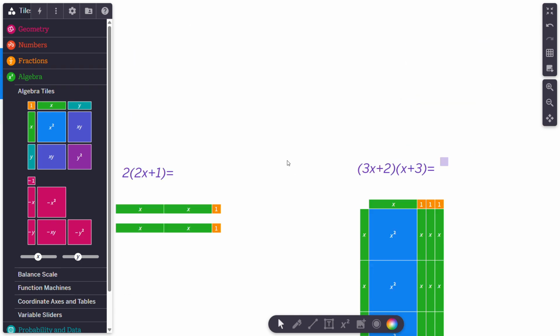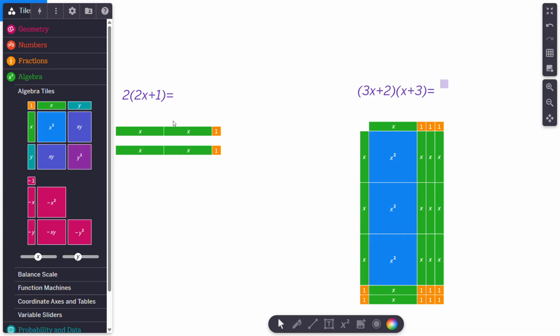For this one down here, we have two quantities, so it's 2 times the quantity 2x plus 1. Hold on, I just messed that up.